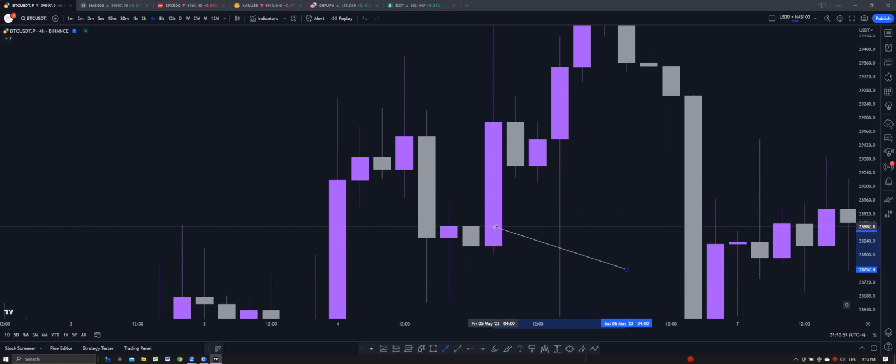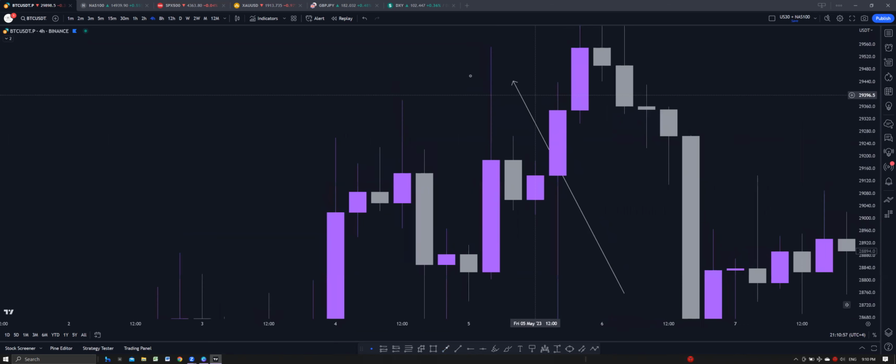The buyers, right? They push price all the way towards the top of the wick there. Let me actually show you that. Yep, you see the wick right there? They push the price all the way towards that wick. But if you notice, the body did not close at the wick, right? If the body closed here, that would have shown me the buyers were in control all the way towards this price.